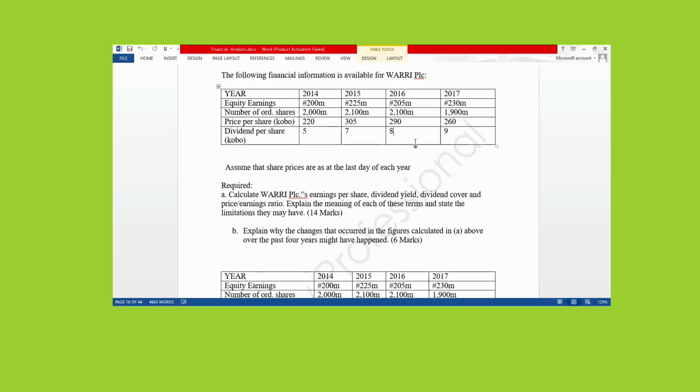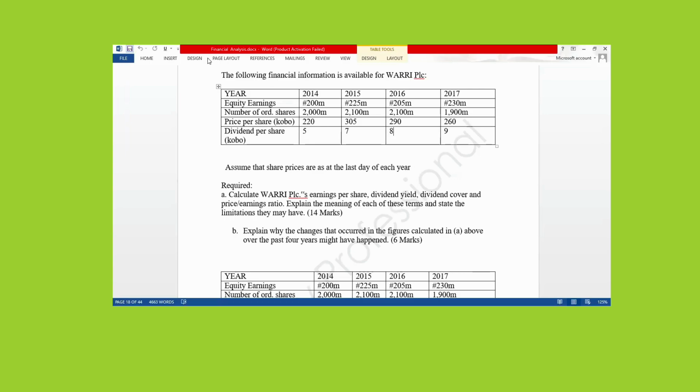Different financial ratios: the profitability ratios that measure the profitability performance of a company; liquidity ratios, which evaluate the extent to which a company is liquid to finance its obligations; and solvency ratios, that is financial risk ratios, which measure the ability of a company to continue in business for a very long time.